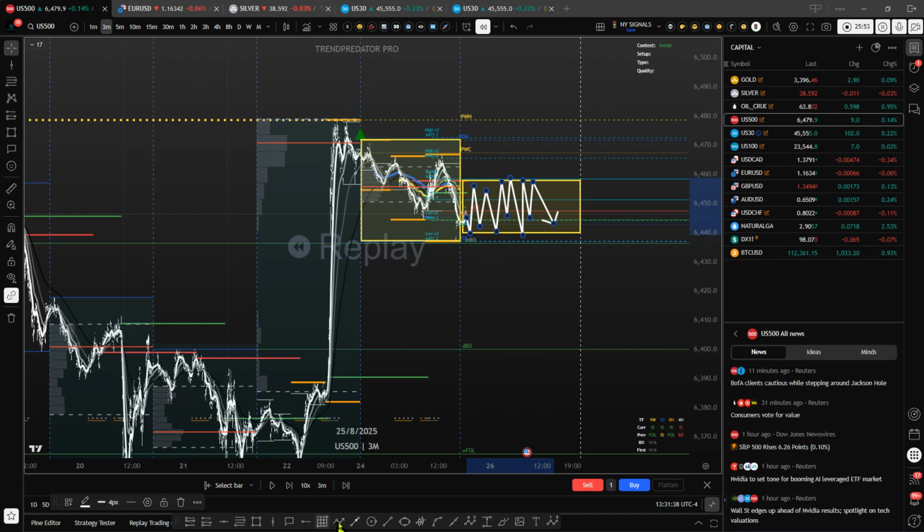And when the market's coiling like this, you can expect there to be even bigger moves. That's equally as powerful.